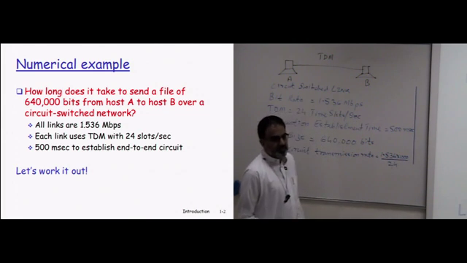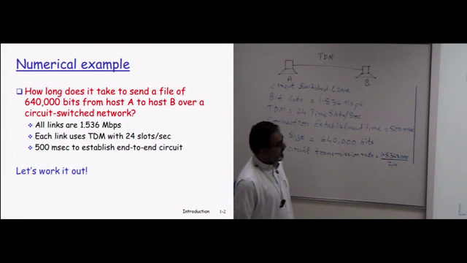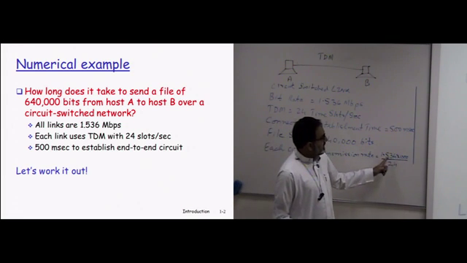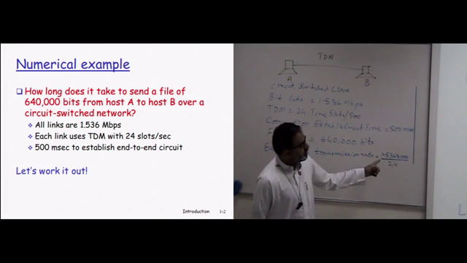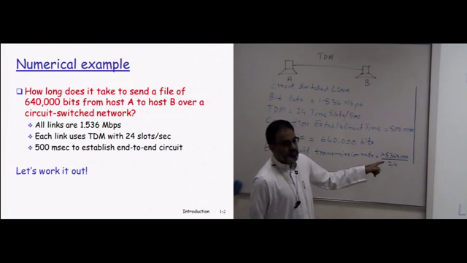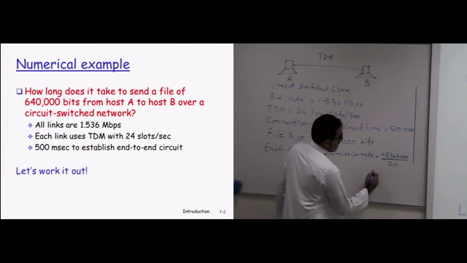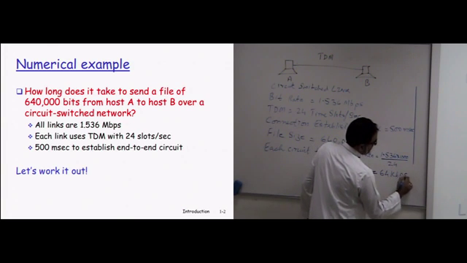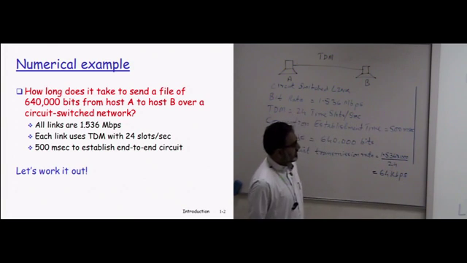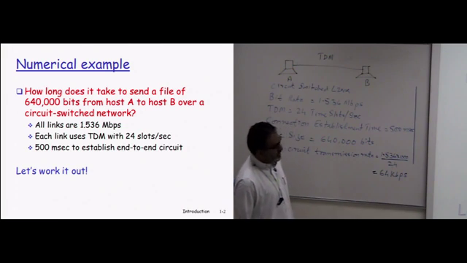Why did we multiply by 1000? Because it is in megabits per second, and we have to convert it into kilobits per second, so it will be 64 kilobits per second. Clear?